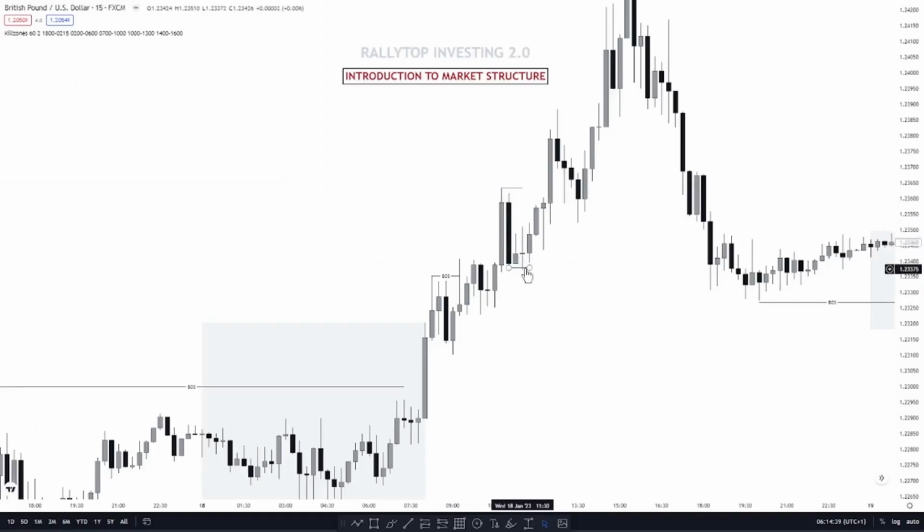Oh, sorry, this is the low, not this one. This one is the low. So, high protected. How about the low? Low also protected. No candle took out the low. So, this is not a valid pullback. Just like this one, it's not a valid pullback.